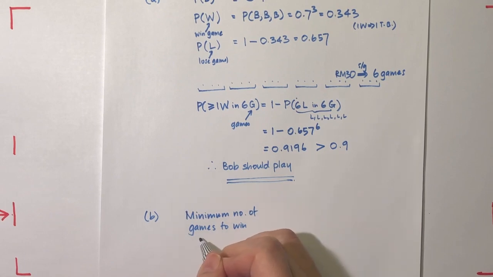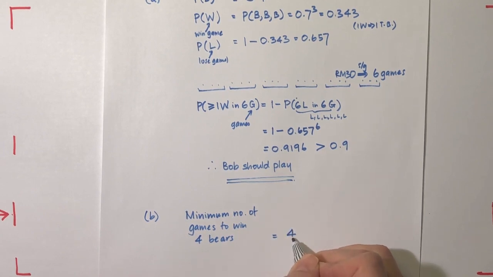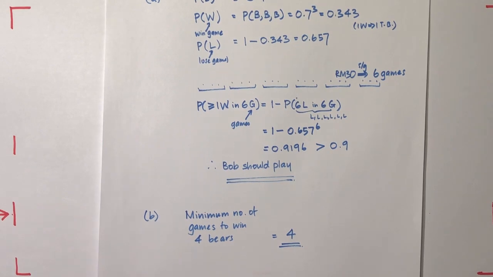Because if he's extremely lucky, he would win every one of the games that he plays. So that's equal to 4. And that's your answer for part B. So there's no mention of probability here. It's just the minimum number of games to win 4 bears. And the answer is 4. And that's it for part B.